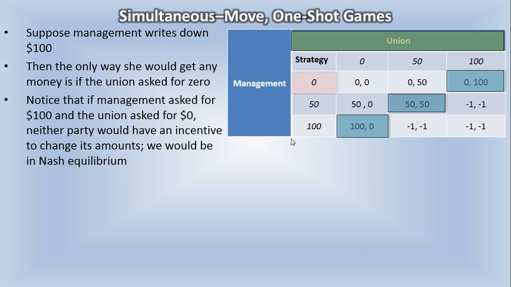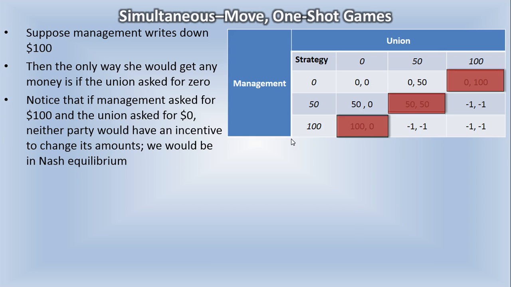Because 100 is the highest payoff there. And in response to management choosing 50, what would the union choose? 50. And in response to management choosing 100, what would the union choose? 0, right? So as you can see, there are 3 Nash equilibria for this bargaining game.